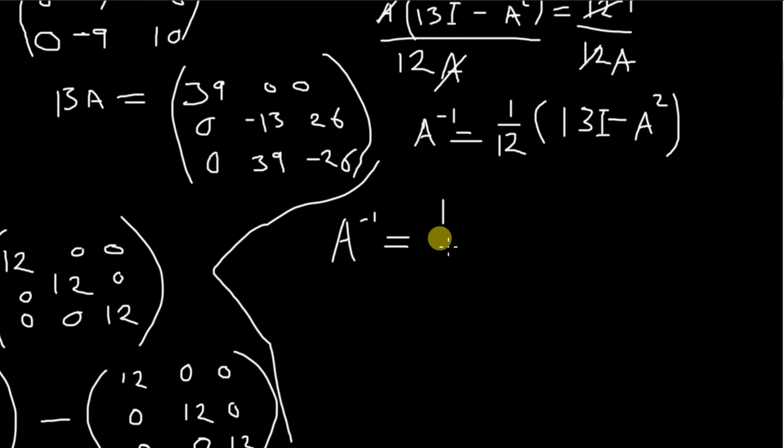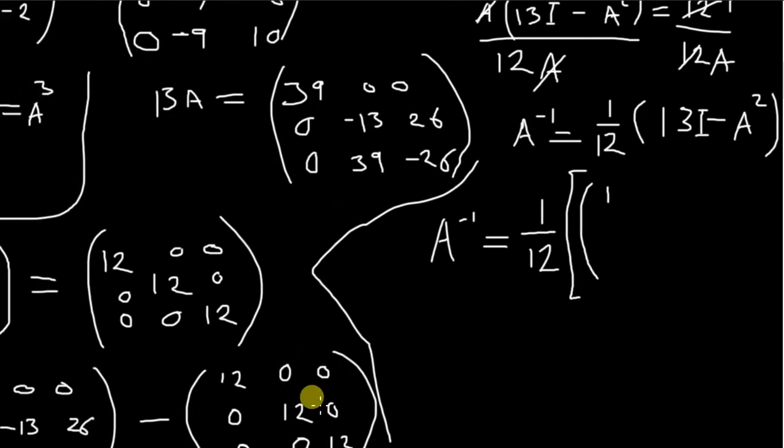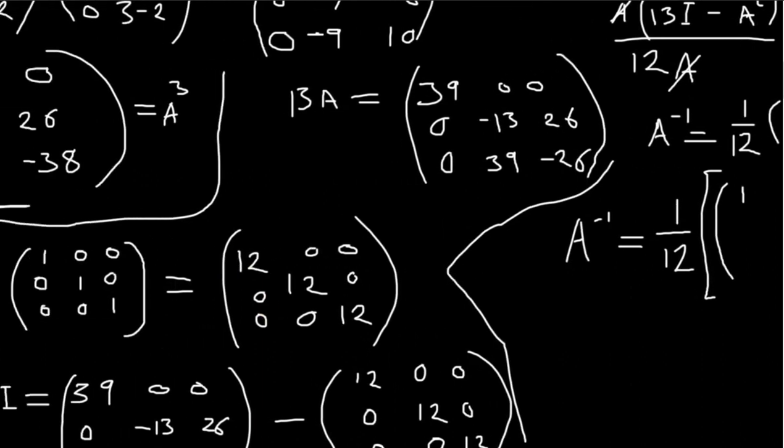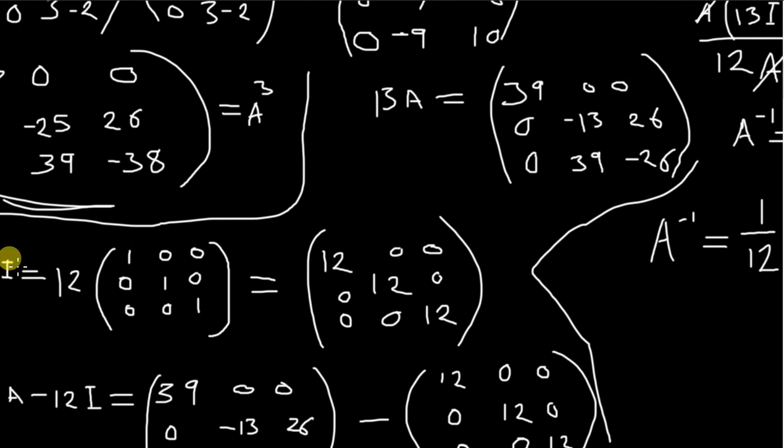1 over 12, and then I'm going to have first this. So 13 times I is just the same as having 13 on the leading diagonal. Look at what happened when we were finding 12 times I. 12 times I gave us 12s on the leading diagonal.